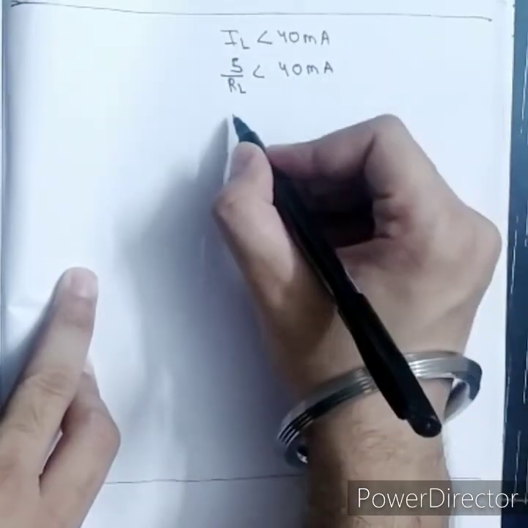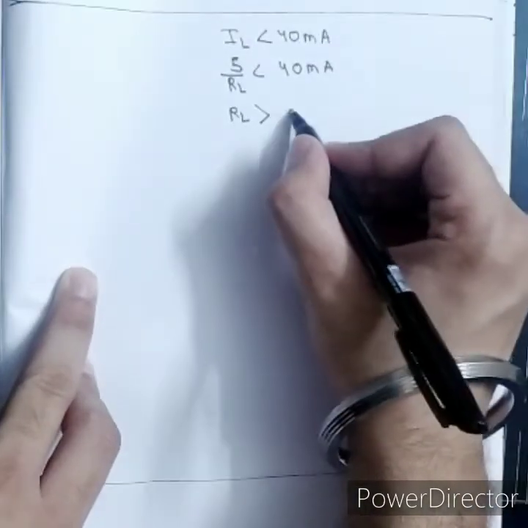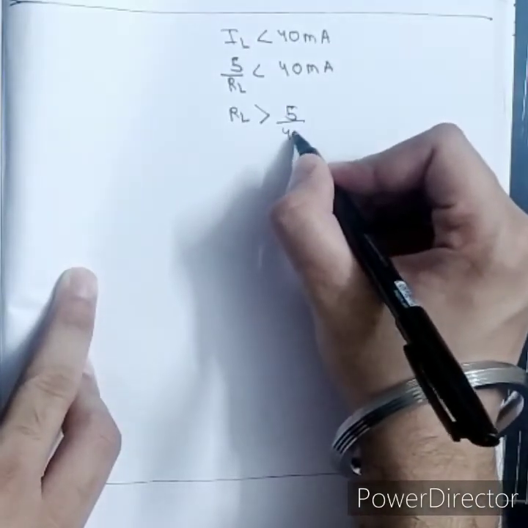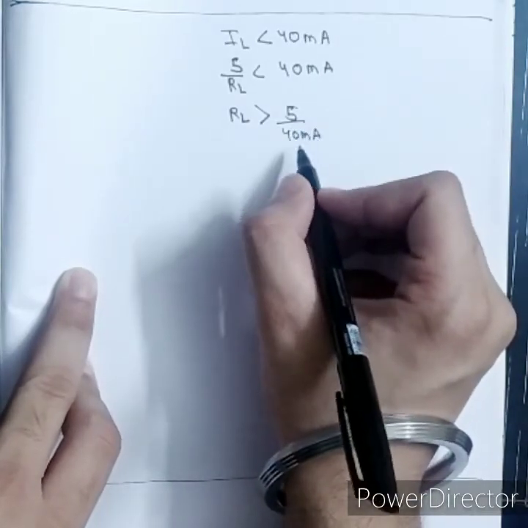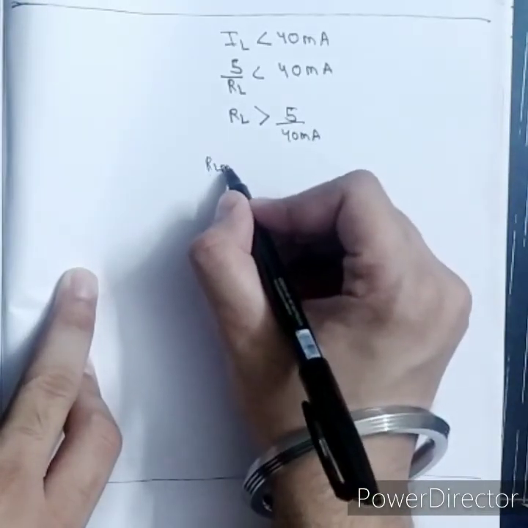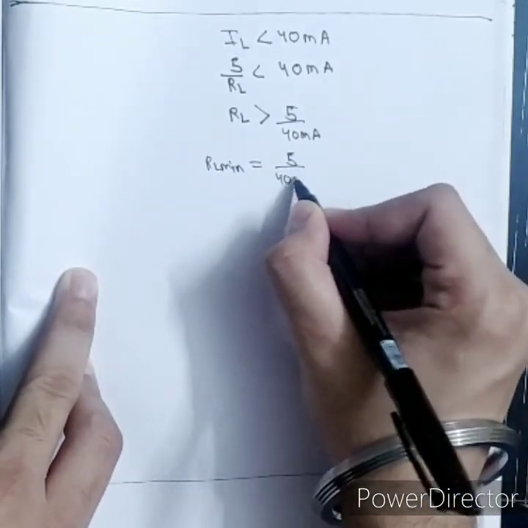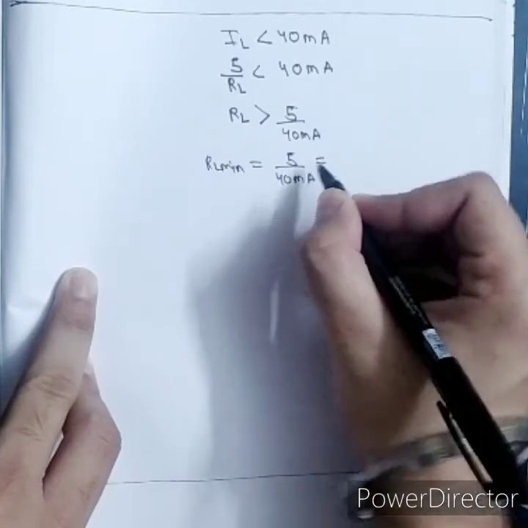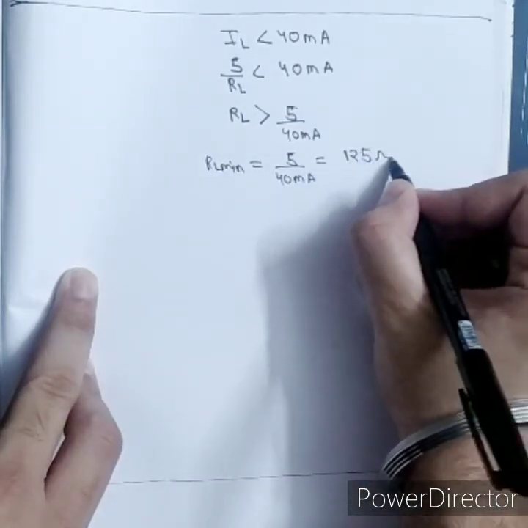From here I came to know RL should be greater than 5 by 40 milliampere. So RL min should be 5 by 40 milliampere, which is equal to 125 ohm.